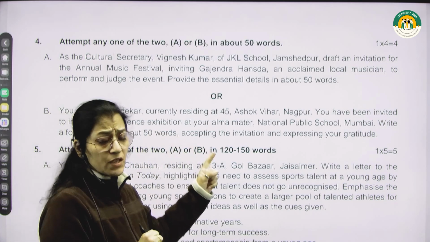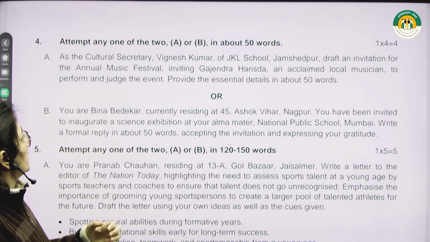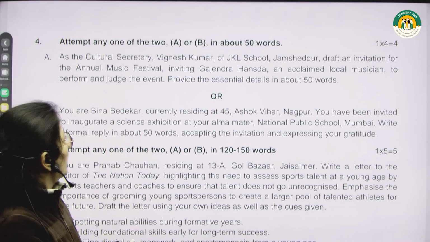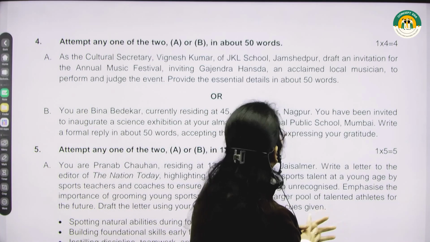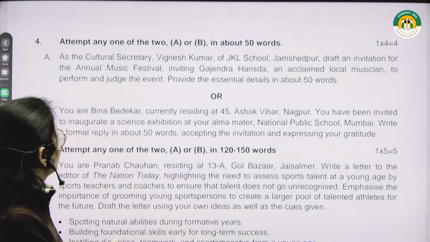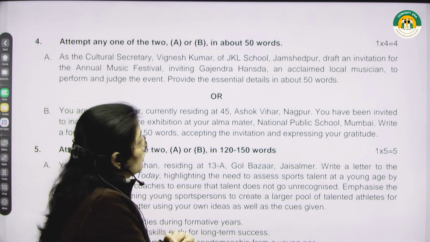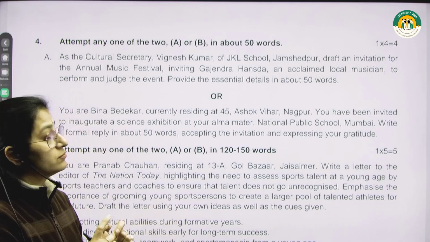See what this question is asking you. As the cultural secretary, Vignesh Kumar of JKL School, Jamshedpur, draft an invitation for the annual music festival inviting Gajendra, an acclaimed local musician, to perform and judge the event.